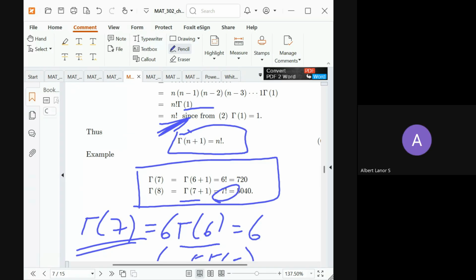Where is the factorial? Factorial is on the x inverse key. So if I do 0 factorial, 0 factorial is 1. So that is also a standard thing that you ought to know in the gamma function.